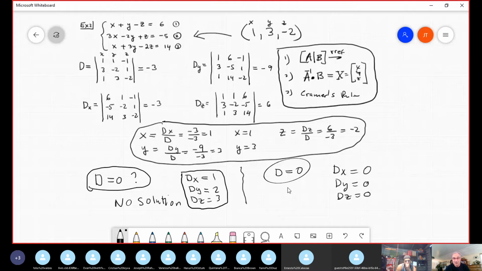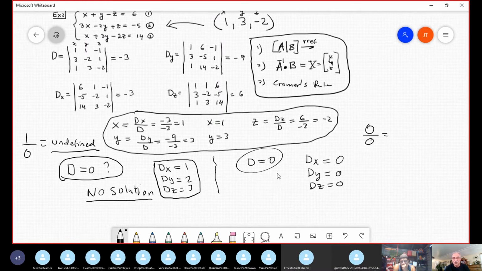And when the D is 0, it's like 0 over 0, no? So this is 1 over 0. It's obvious, it's undefined. So if it's undefined, no solution. However, when it's 0 over 0, maybe it is not undefined. 0 over 0 is undetermined.